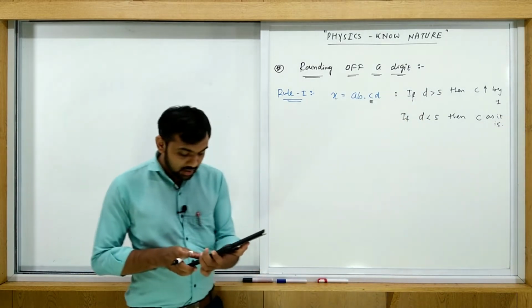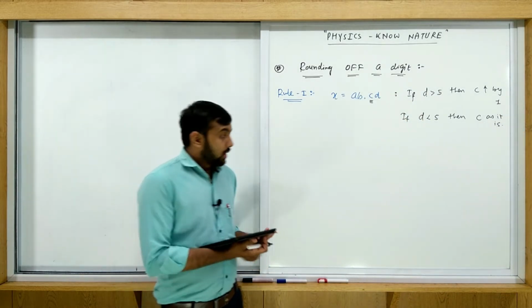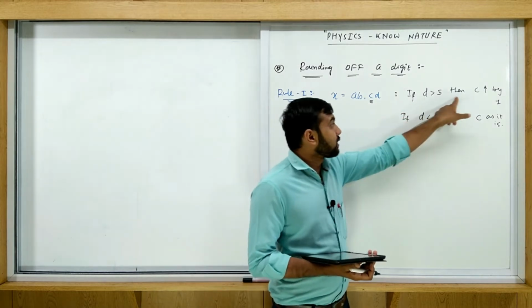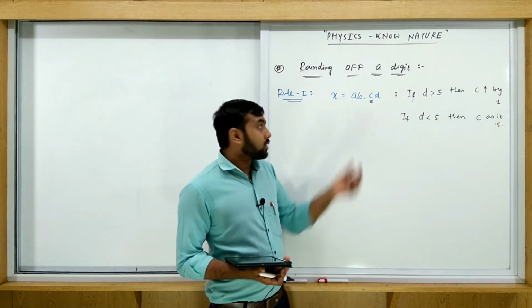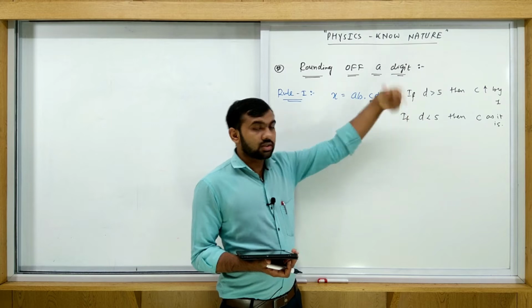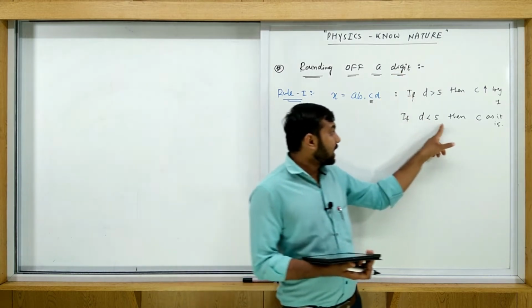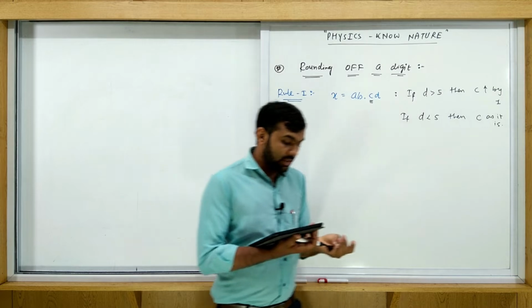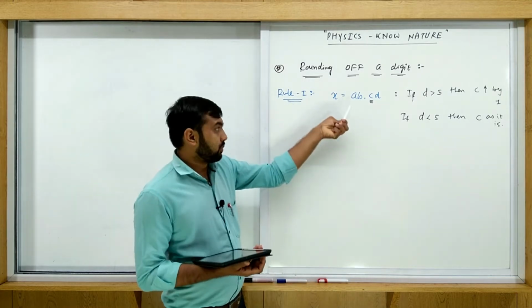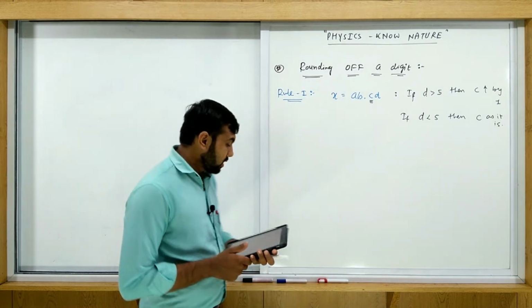It means if d is greater than 5, then whatever c is given here, you increase this value by 1. And if d is less than 5, then c is as it is, there is no change in c.